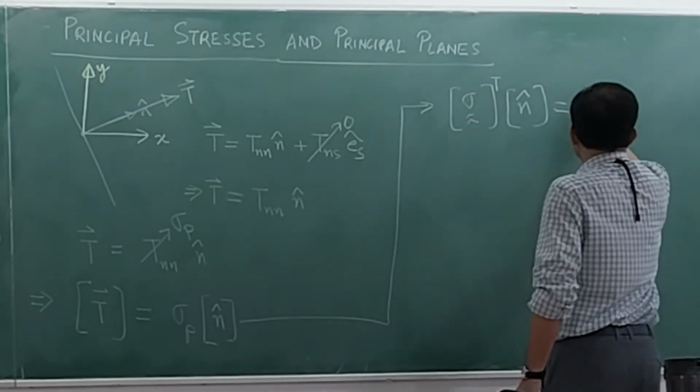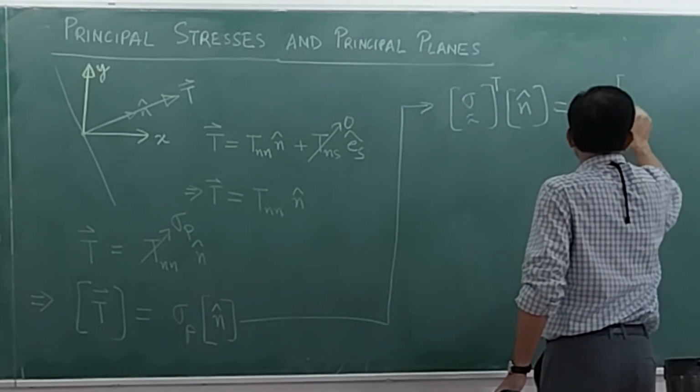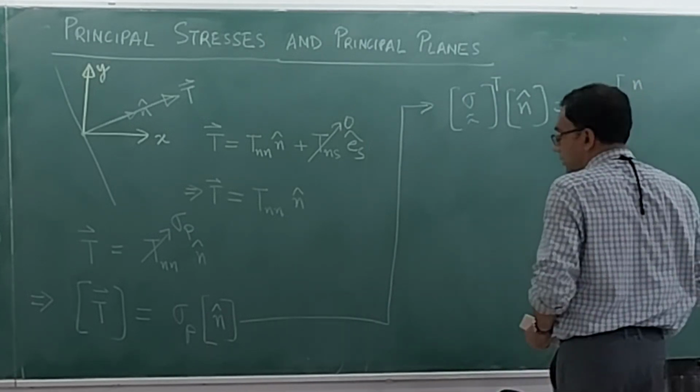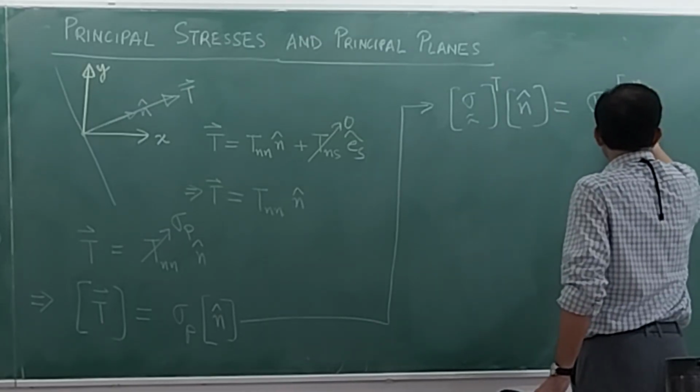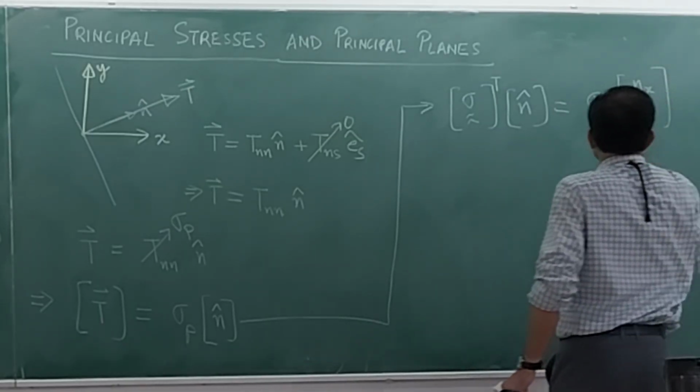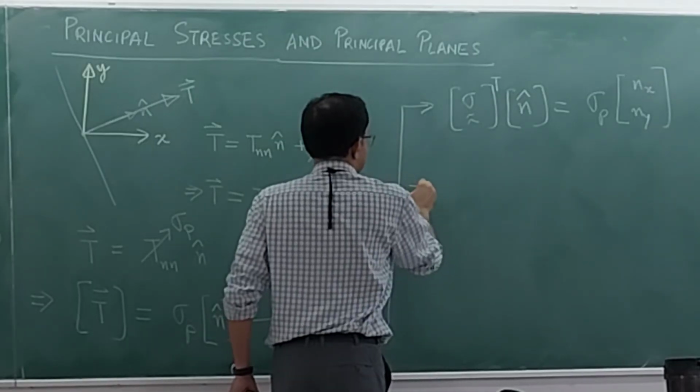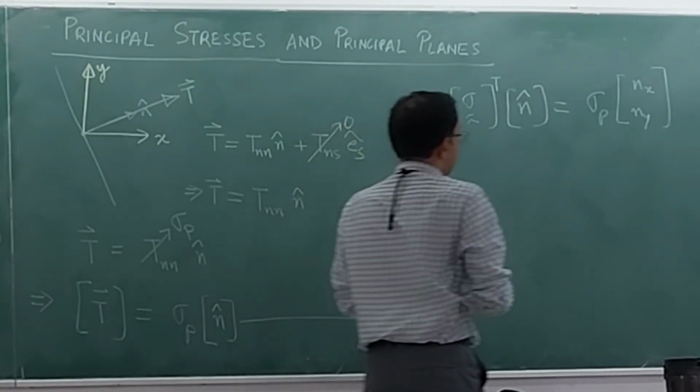This is equal to sigma p times n, with components nx and ny. Let me keep this as n only.